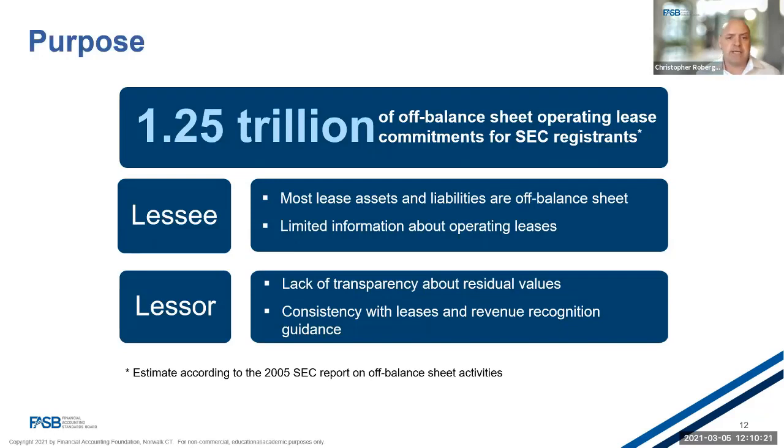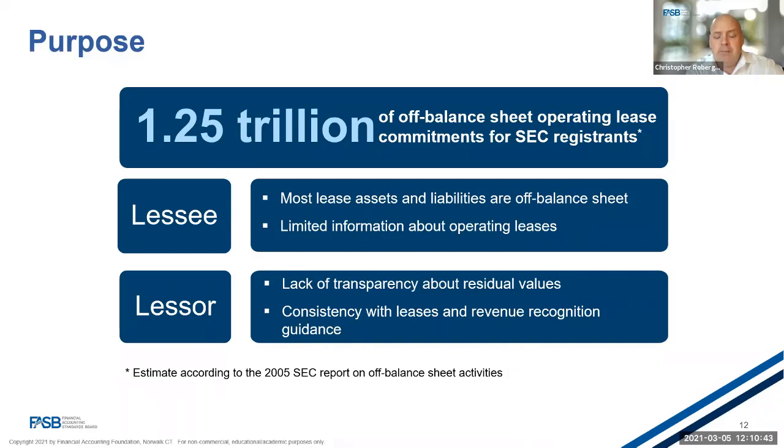In this section, I'll provide a high-level overview of lessee accounting under the new guidance. As Christine had mentioned, we're not going to discuss lessors today, but that does not mean that we're not interested in research on lessor accounting.